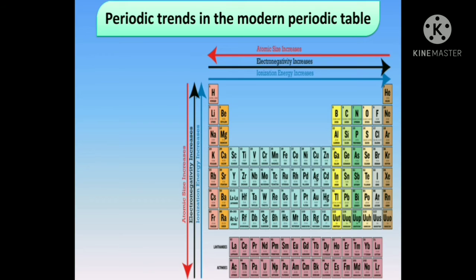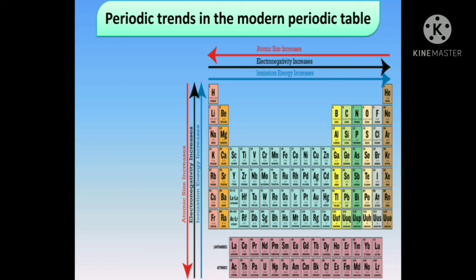Because of this, effective nuclear charge goes on increasing. As a result of this, the tendency of an atom to lose a valence electron decreases within a period from left to right. Now let us consider the group.